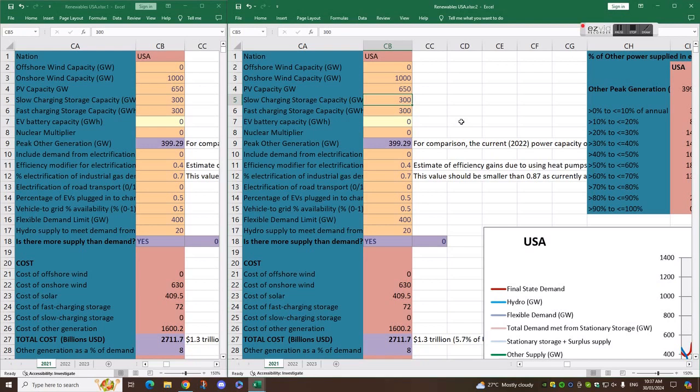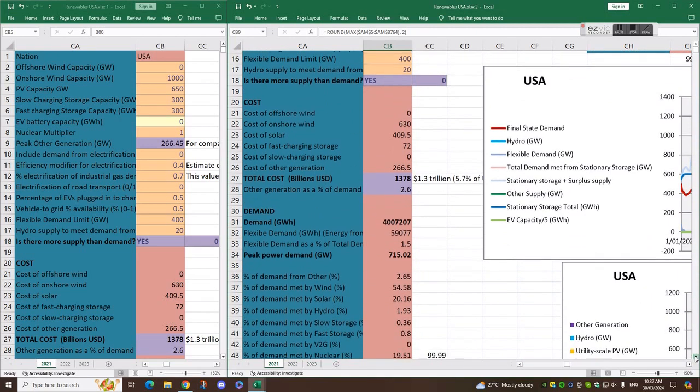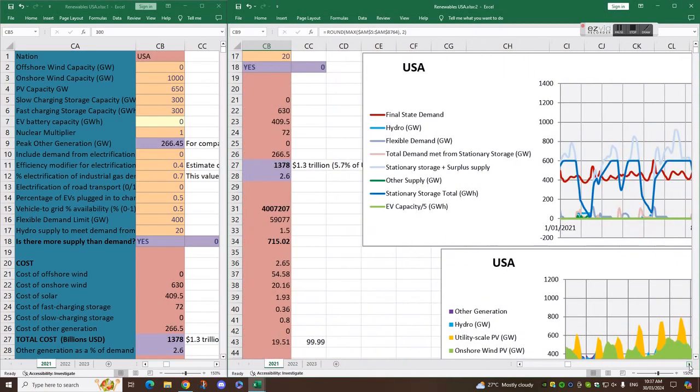Okay, so you can change the inputs for wind and solar capacity, for the fast and slow charging storage capacities, for nuclear capacity, and see how the different builds manage to supply power to the electricity grid.